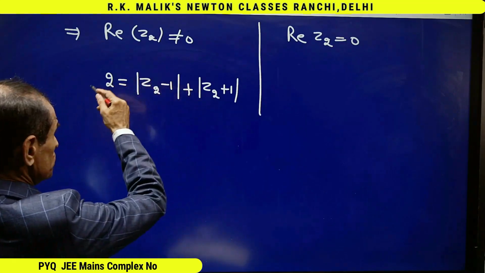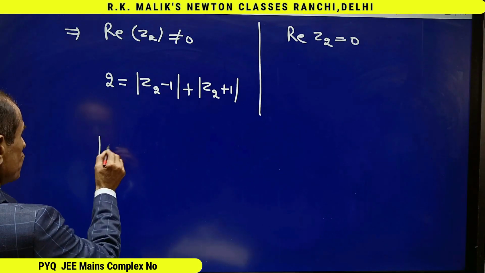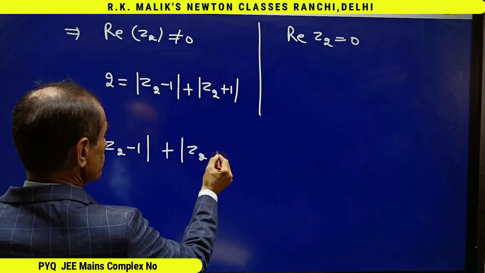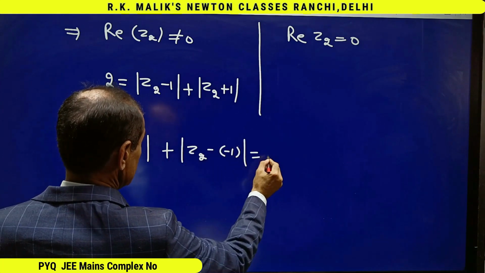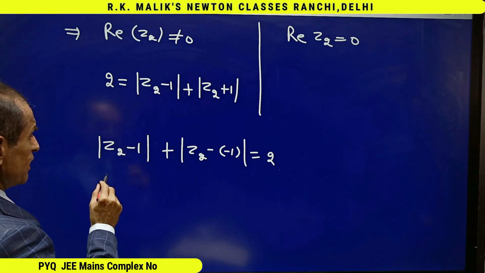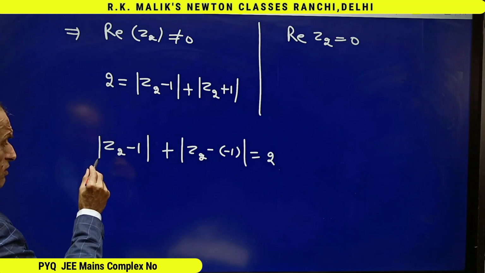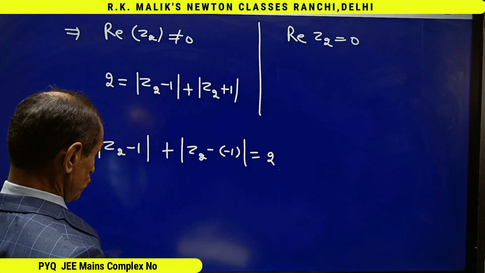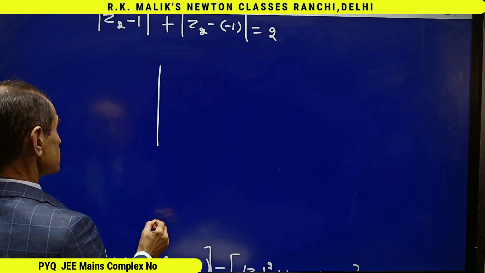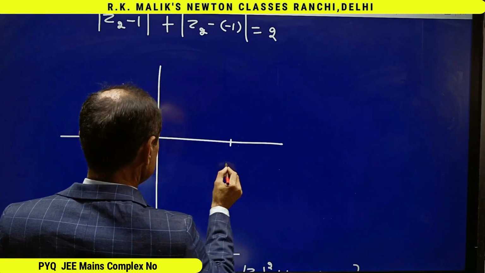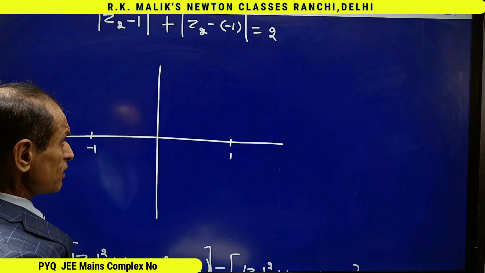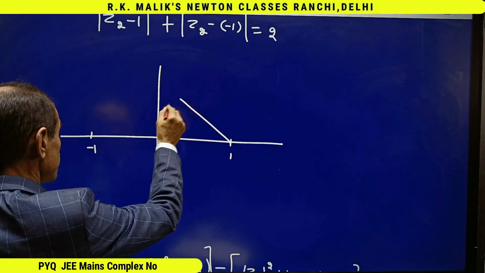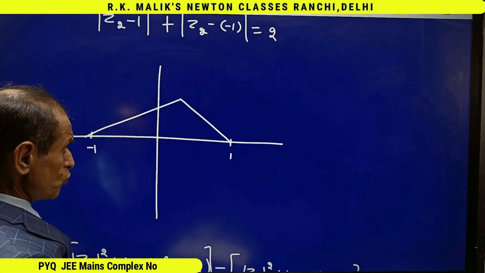Or second possibility is this. This means mod of Z2 minus 1 plus mod of Z2 plus 1 is equal to 2. That is, I can say sum of the distance of Z2 from 1 and Z2 from minus 1, sum is 2. That is, 1 is here, minus 1 is here, and Z is a moving point such that this distance plus this distance is 2.